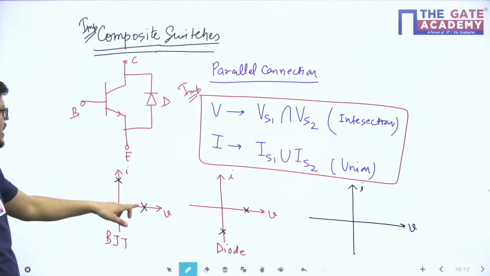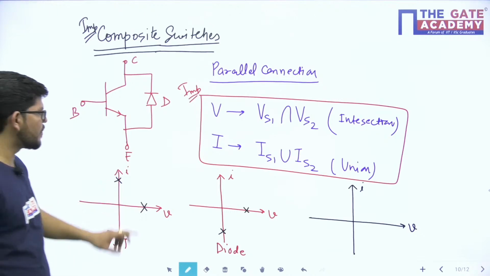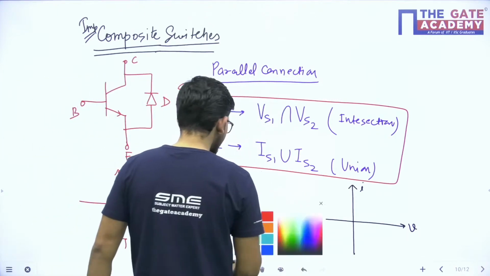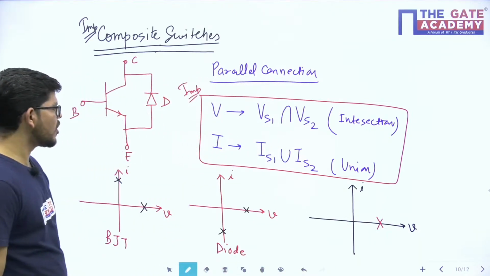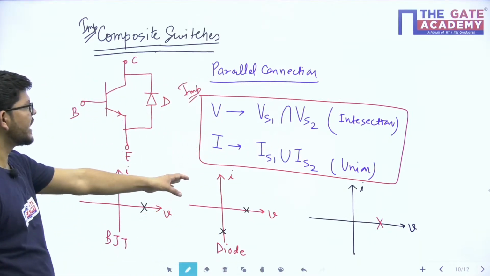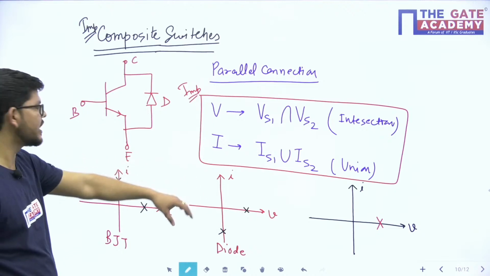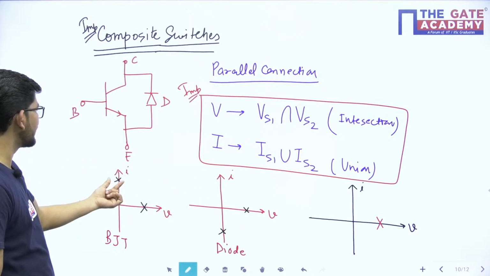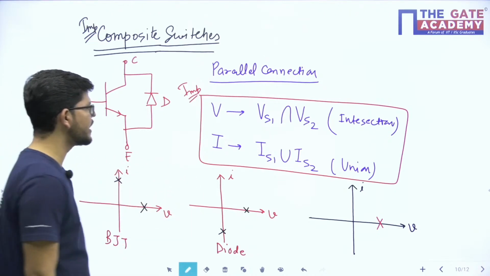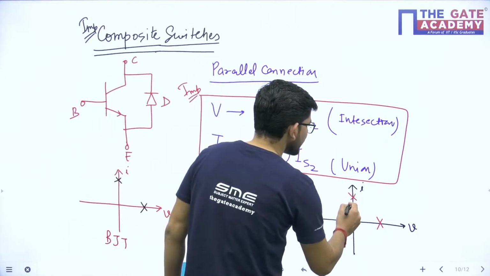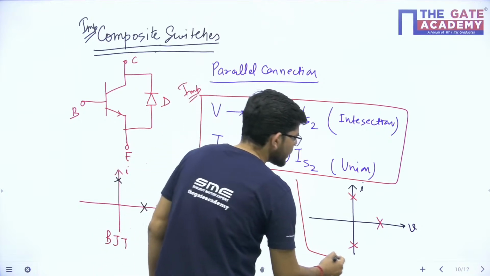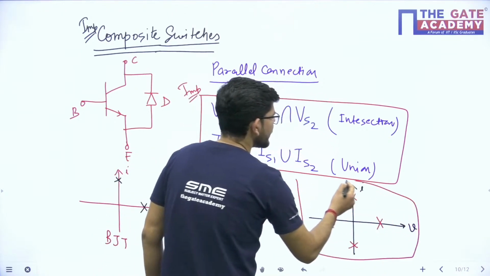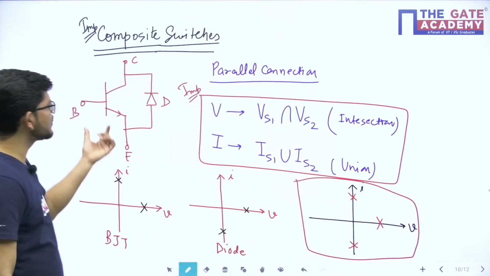If you take the common of these voltages, you will get this particular thing on the common characteristic, and you will take the union of the current. This BJT carries forward current and the diode carries reverse current. So what will happen? This will be the safe operating area of this combined switch.